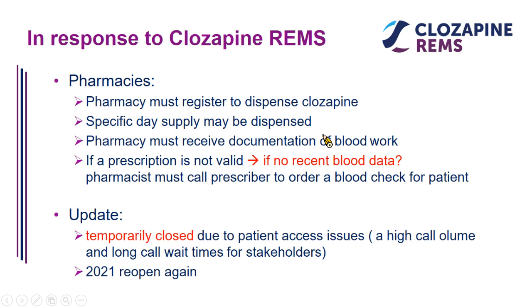And because the clozapine REMS is comparatively more complicated, it was temporarily closed last year for a few months due to the difficulty it caused for patient access to the drug. You can imagine a lot of high call volumes and long call waits for the stakeholders, to a point that patients missed the medication window, and that is not a good part that we would like to see.